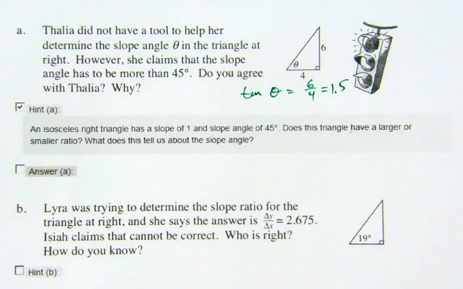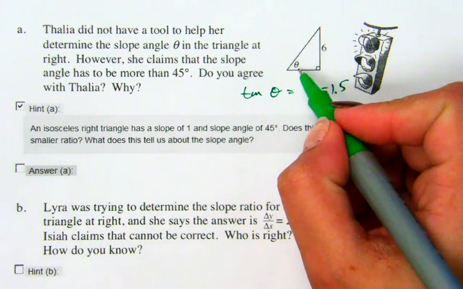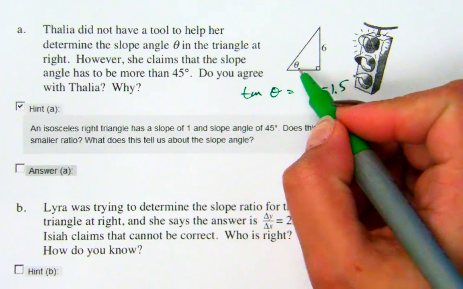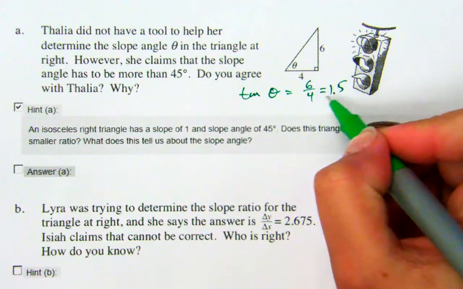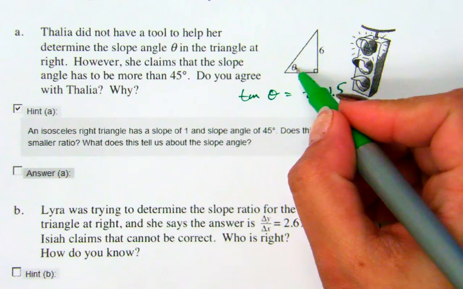Well, 1.5 is obviously bigger than 1, so she is actually correct. It has to be more than 45 because our slope ratio, 6 over 4, is more than 1. If it was exactly 1, then it would be a 45-degree angle.